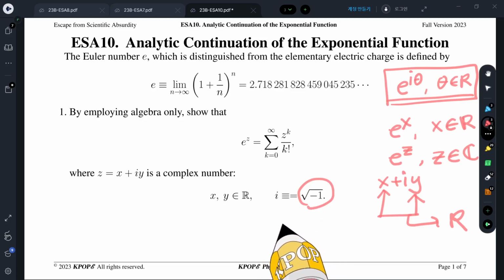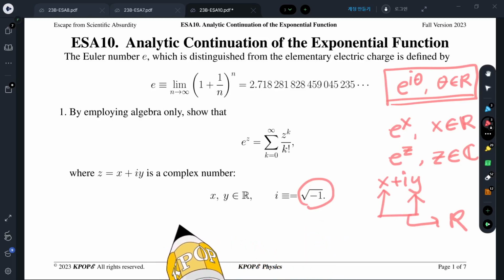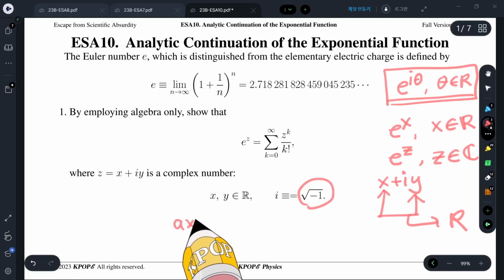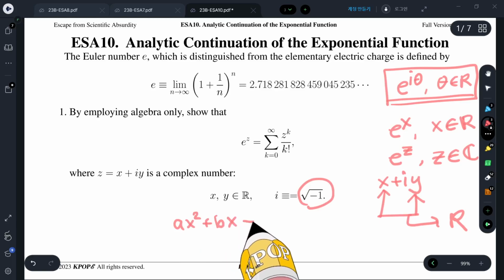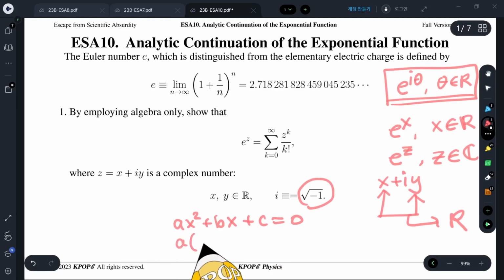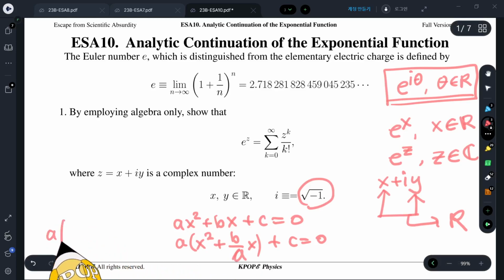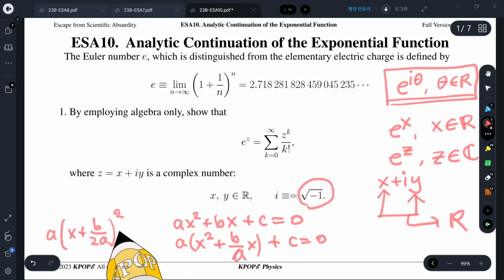And in case we have a discriminant, for example, a x squared plus b x plus c equals 0, we complete the square. We divide everything by a, assuming that a is not 0: x squared plus b over a x plus c over a equals 0. We complete the square by using this method: x plus b over 2a squared plus c over a minus b squared over 4a squared equals 0.